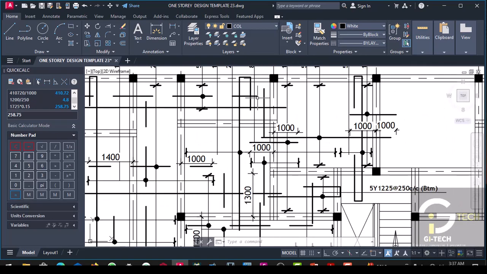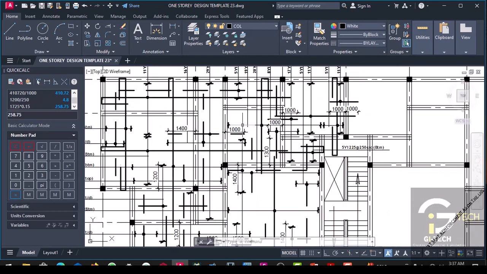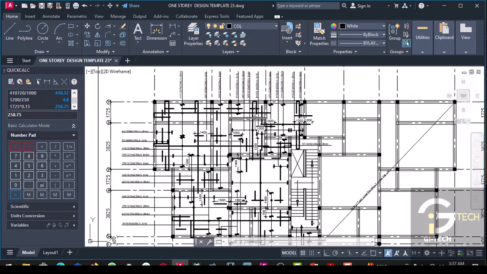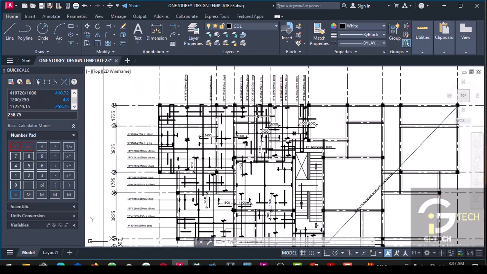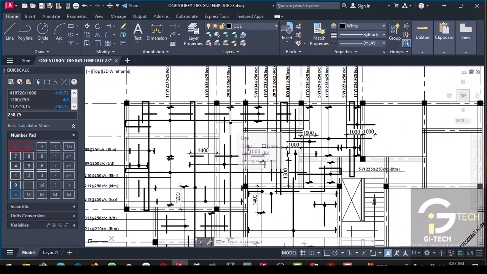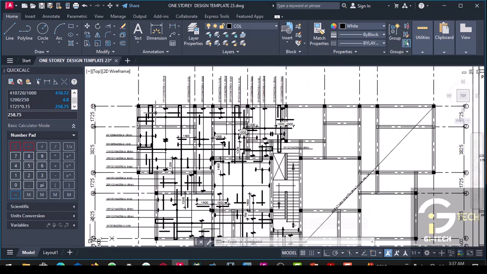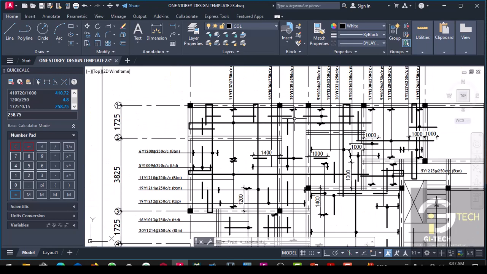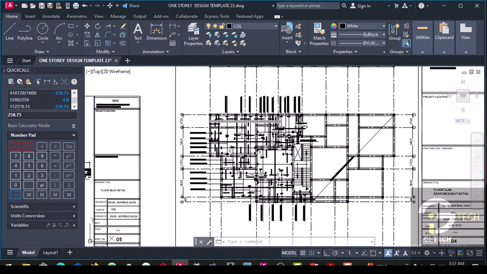So what I normally do, once I look at the most critical span, I multiply by it, then whatever it gives me, I will just go for the practical length of returning bar, which is like 1000 or 1200. So here we will adopt 1000, because this is a practical design.